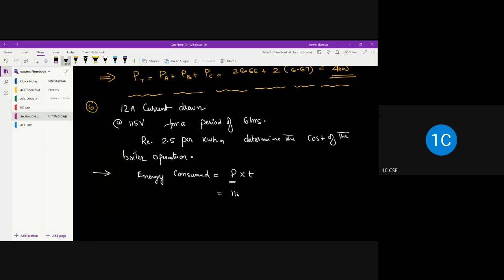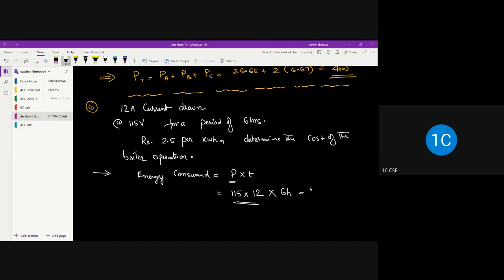So voltage is 115 and the current drawn is 12 amperes. So against P, we have 115 into 12 into time. What is the operation duration? The operation duration is 6 hours. So into 6 hours.